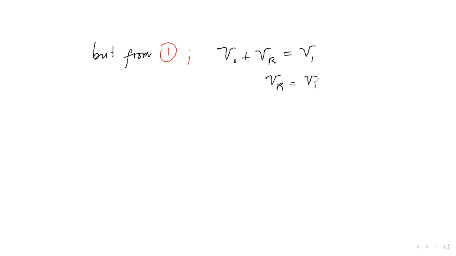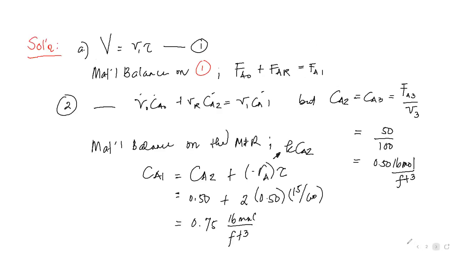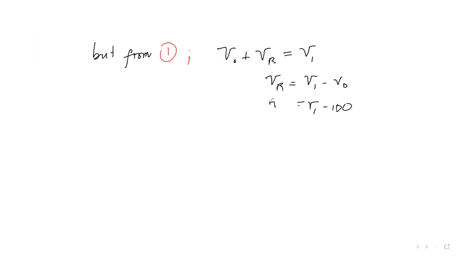So that would be V1 minus VO, or that would be V1 minus 100. That way, we will have an expression to substitute for VR in equation 2. So this is now equation 3.